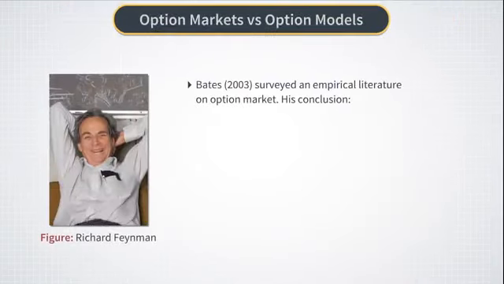In 2003, Bates surveyed an empirical literature on option markets. He concluded that the risk-neutral methods of option pricing that extend the Black-Scholes model cannot fully capture, let alone explain, the empirical properties of option prices.